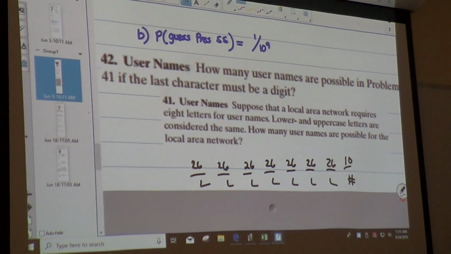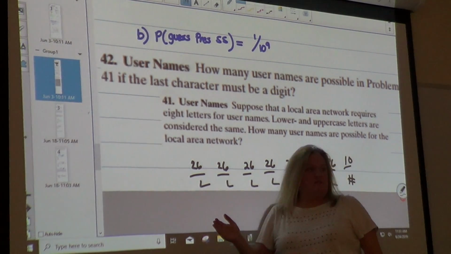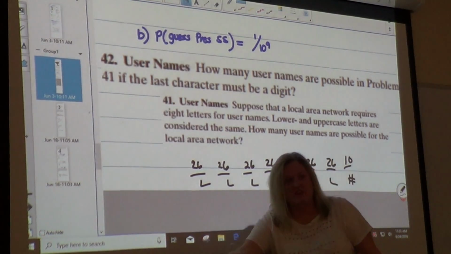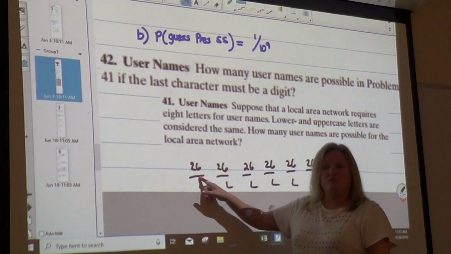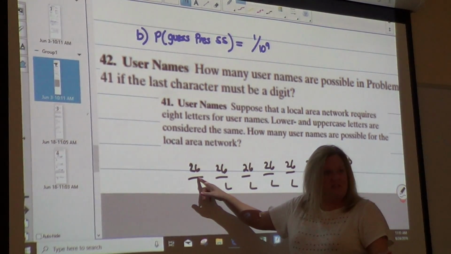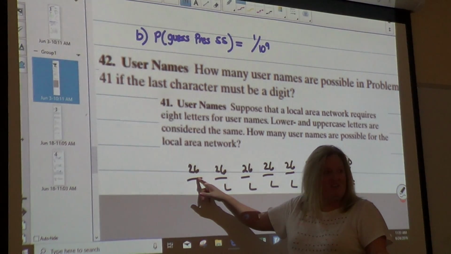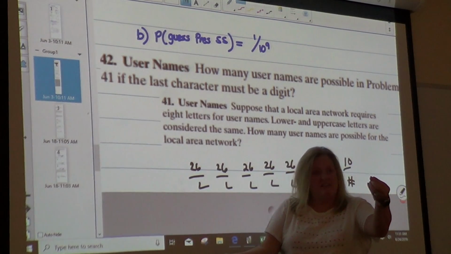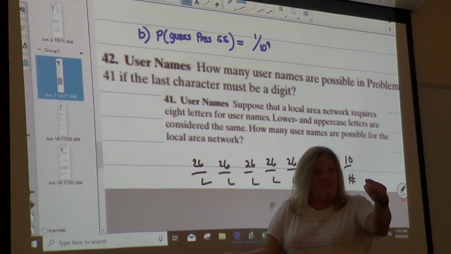Now, what if we said it was lowercase and uppercase? Lowercase a is 1, uppercase a is 2. You with me? So that wouldn't be 26. That would be 26 plus 26, 52. So you can make even more passwords by counting a lowercase a and an uppercase a as 2 different things.